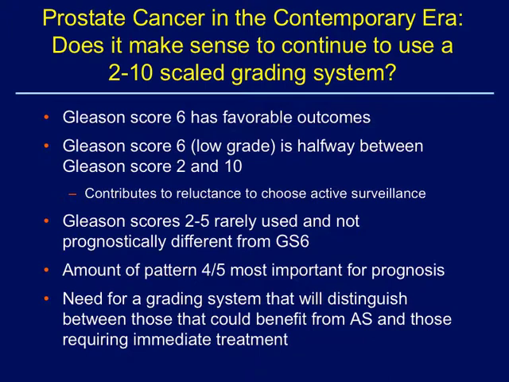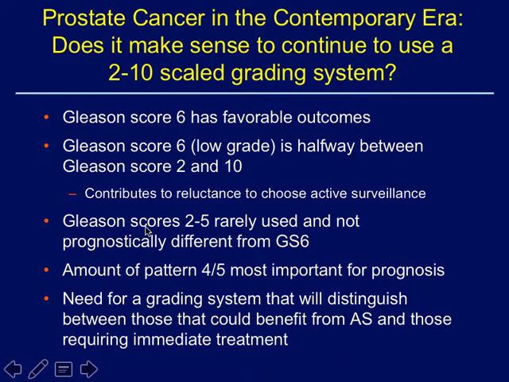I've already told you that a lot of the low-grade patterns were benign. With the modifications to the Gleason scoring system, Gleason 6 has favorable outcome. Yet, if you look at it, Gleason 6, according to patients, is halfway between 2 and 10. Why are we calling that low grade? It's intermediate. It's somewhere in the middle.